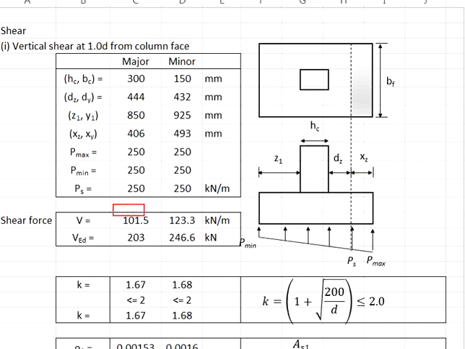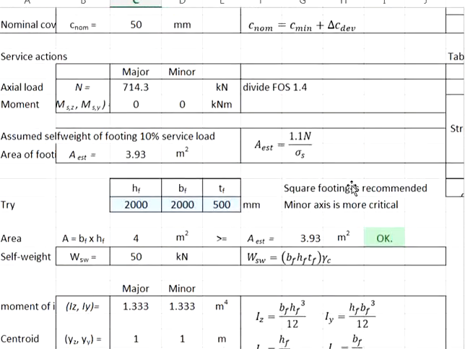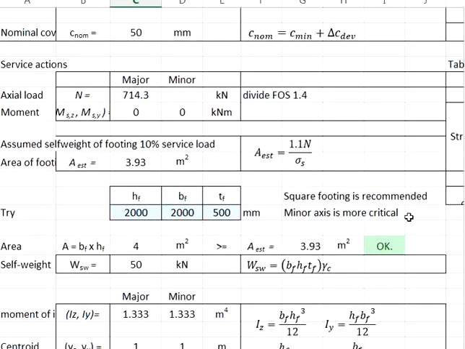You get 101.5 kilonewton per unit width. This represents the shear force in a plane. Multiply the width here, which is 2 meter BF.